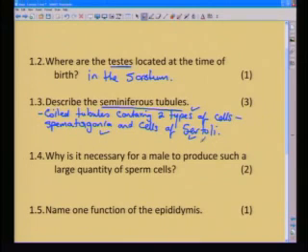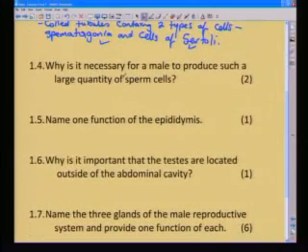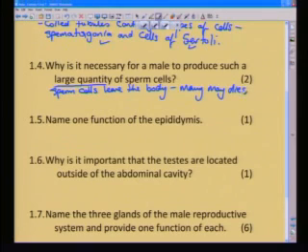Okay, why is it, let's just move this up. Why is it necessary for the male to produce such a large quantity of sperm cells? Well, guess what? The sperm cells leave the body, okay? And the fact that they leave the body, many may die.